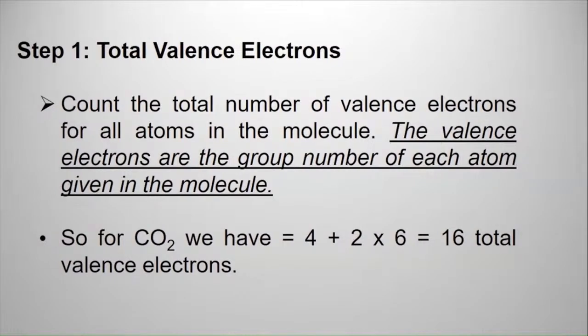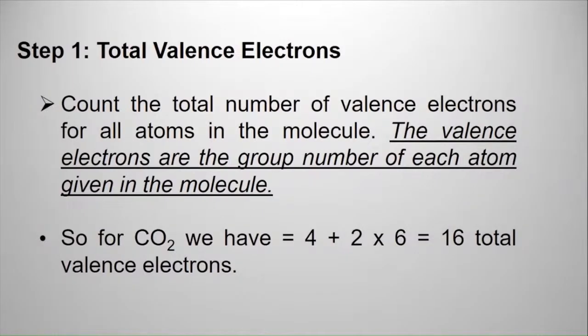Each atom comes with its own valence electrons, and they're all going to be shared in terms of total valence electrons. So how do you determine the total valence electrons? Not all of these electrons will be shared in bonding. Some of these electrons will be non-bonding electrons.